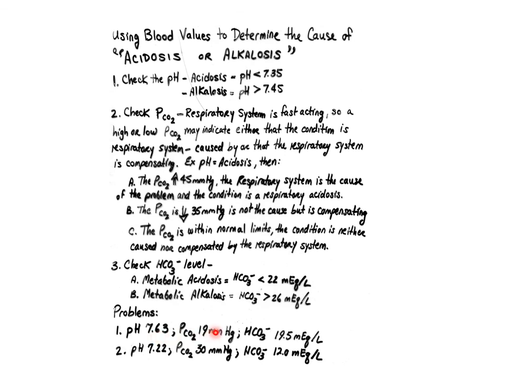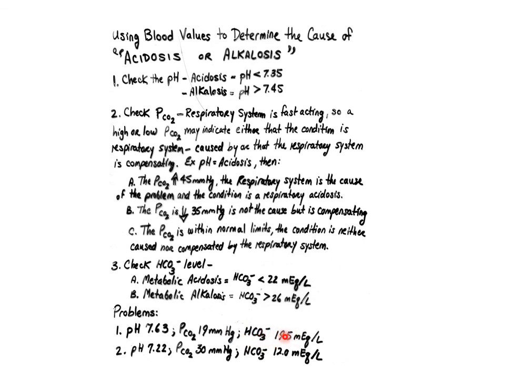The bicarb is 19.5, which is low, which is acidosis. So your problem, your alkalosis, is caused by your low carbon dioxide level, and your kidneys are trying to compensate by getting rid of bicarb, which is a base. And so this is partial compensation.